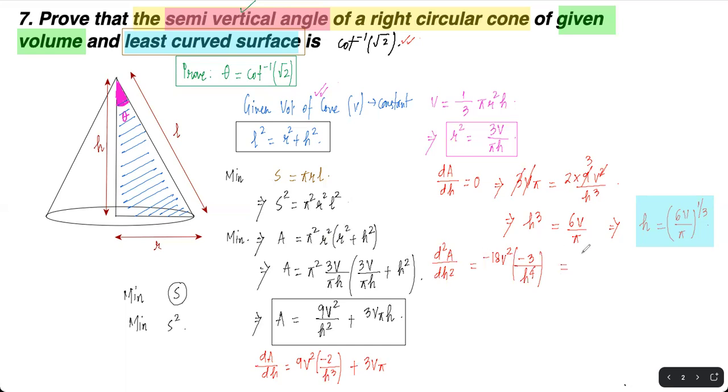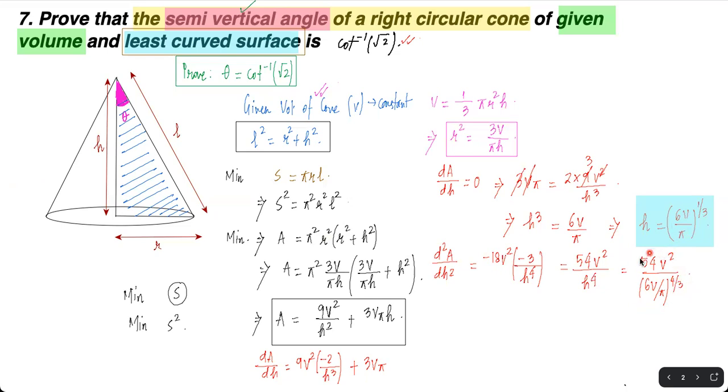So if I multiply these two values, I have 54v square by h power 4. That is, I have 54v square, and instead of h, I will put 6v by pi to the power 4 by 3. In this part, we have simply substituted the value of h as 6v by pi. The value of h was 6v by pi to the power 1 by 3. Power 4 makes it 4 by 3.